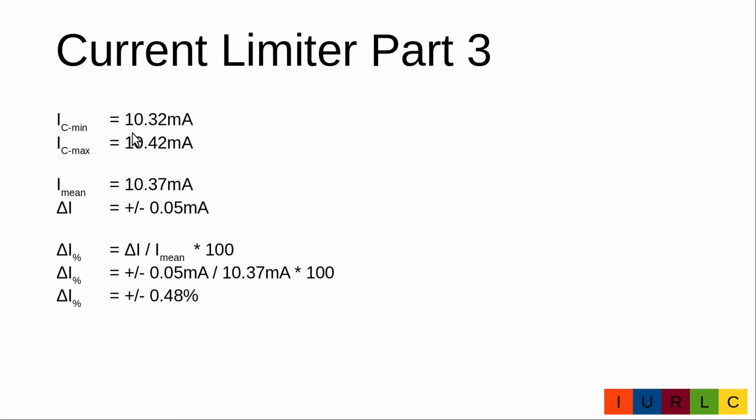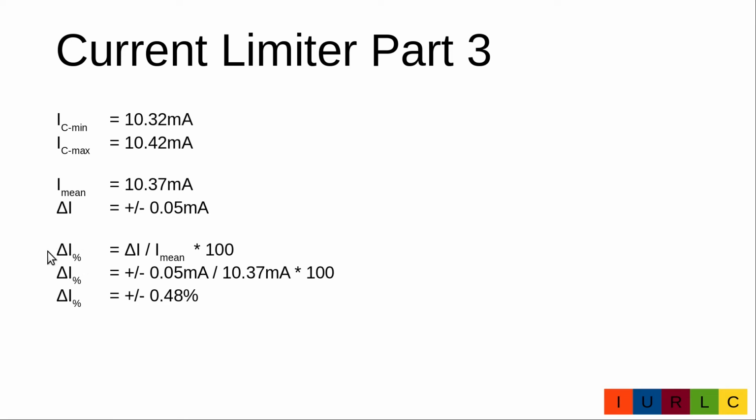The minimum current was 10.32 milliamp, the maximum current was 10.42 milliamp. The mean value of these two values is 10.37 milliamp and we get the delta of plus minus 0.05 milliamp.